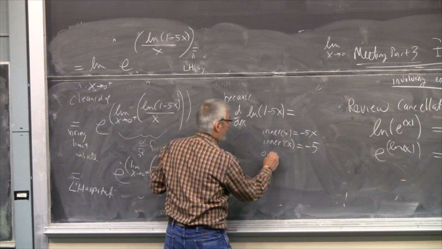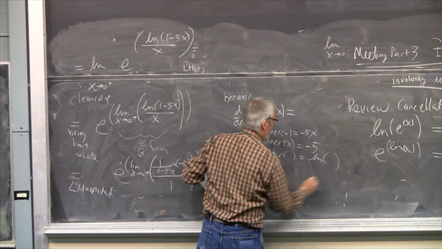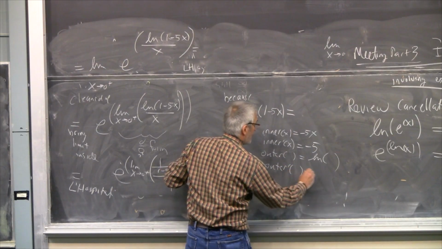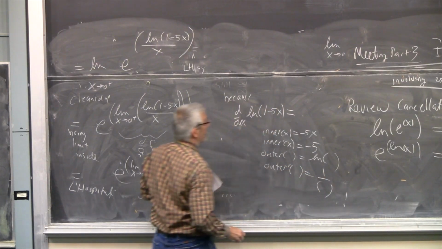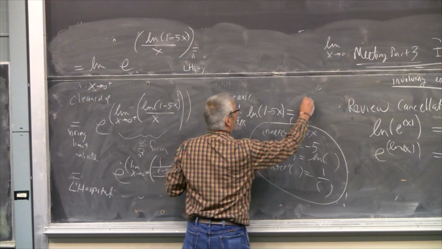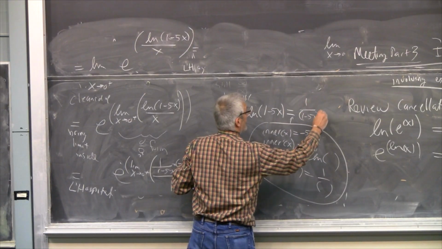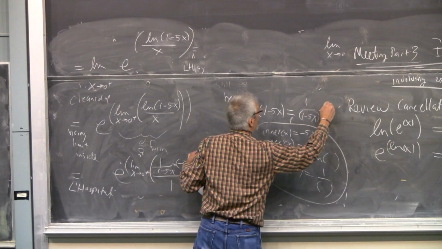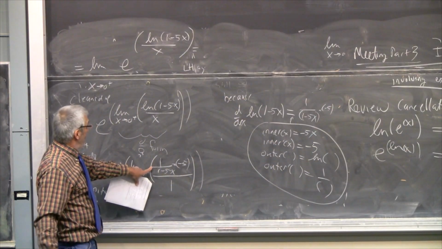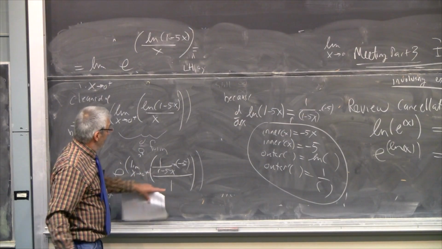My outer function is ln of parentheses. And so my outer prime is 1 over parentheses. So when I take the derivative of that thing in the numerator, what I get is 1 over parentheses with 1 minus 5x, times minus 5. So that's where I got that. That's the derivative of the numerator. And the derivative of the denominator is 1.